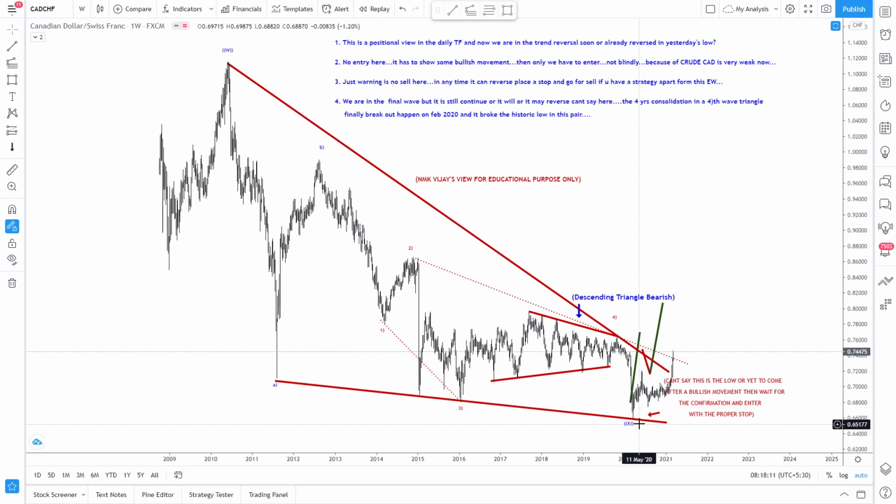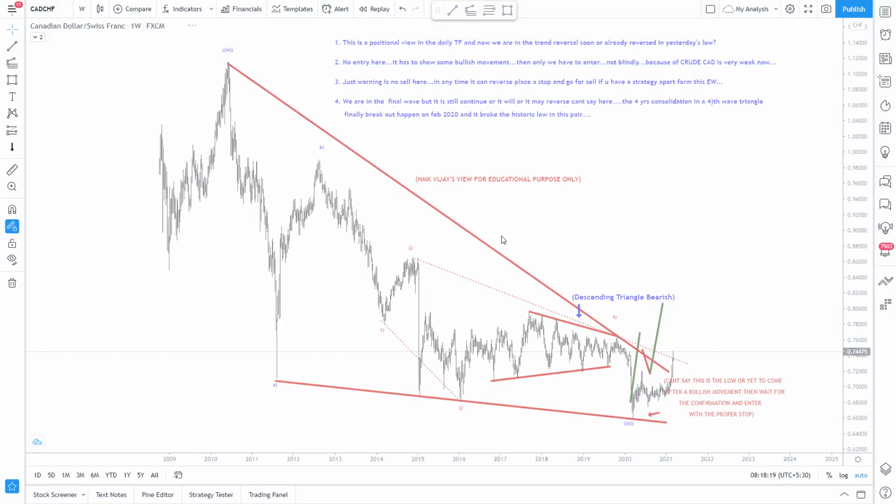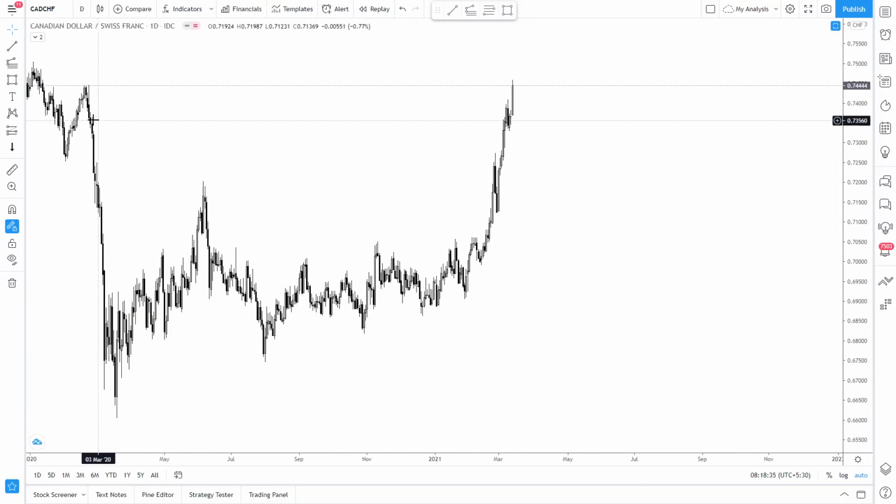Here it is already the low it made, but in that IDC it's not yet broken the low. So if we kept this as a low, it is bullish, it has to break this high. Okay, so let's move on to this.